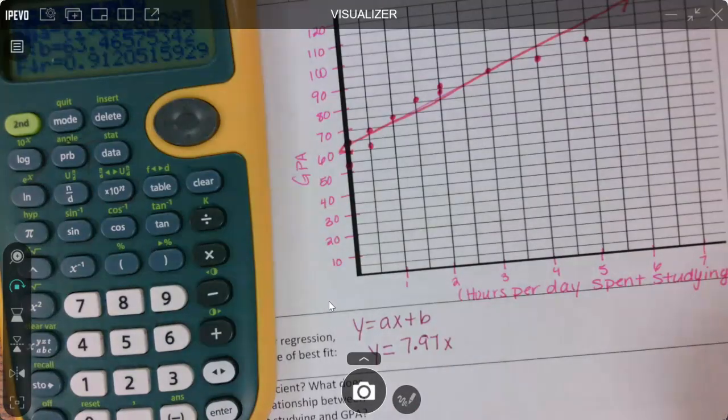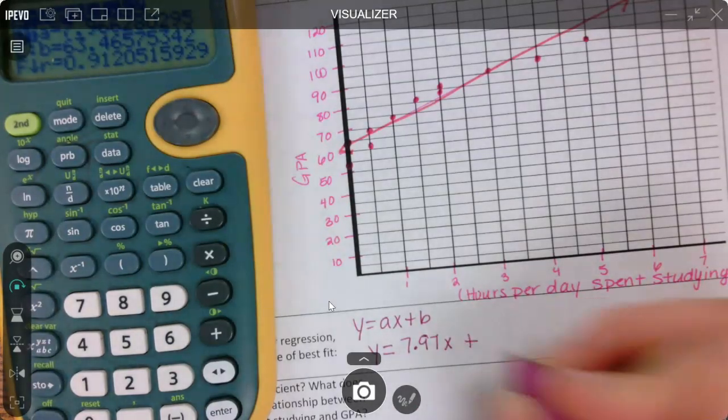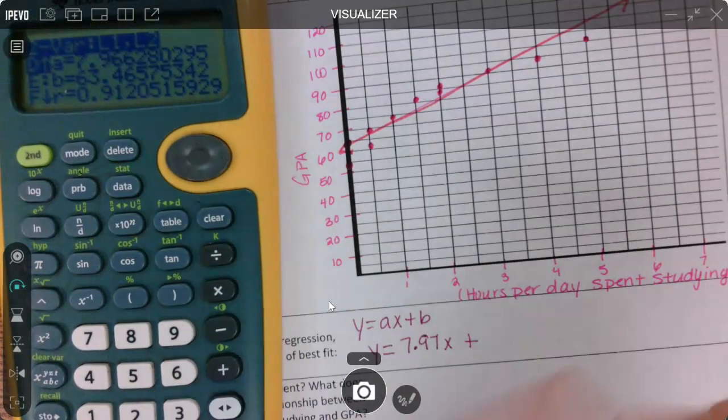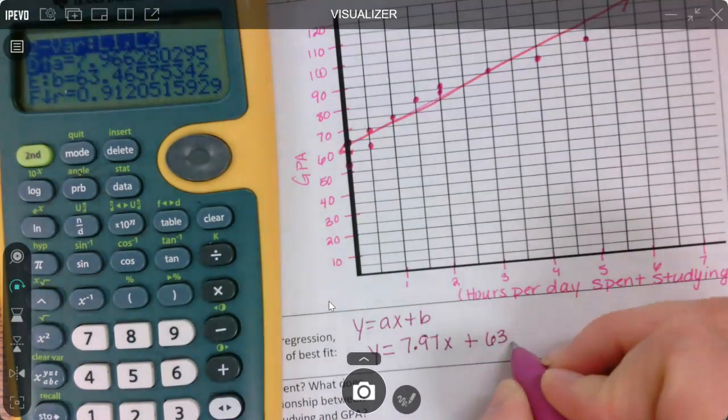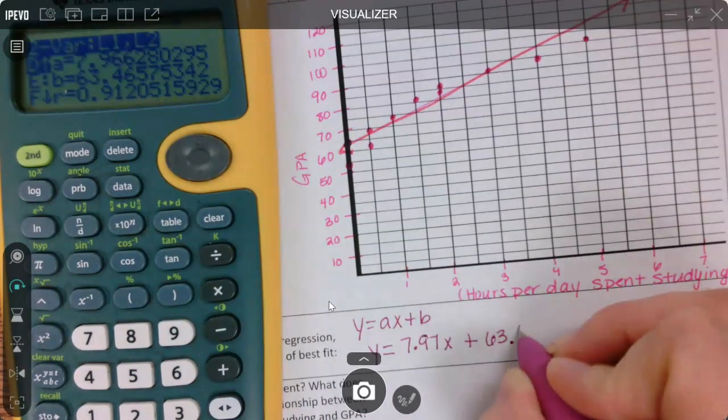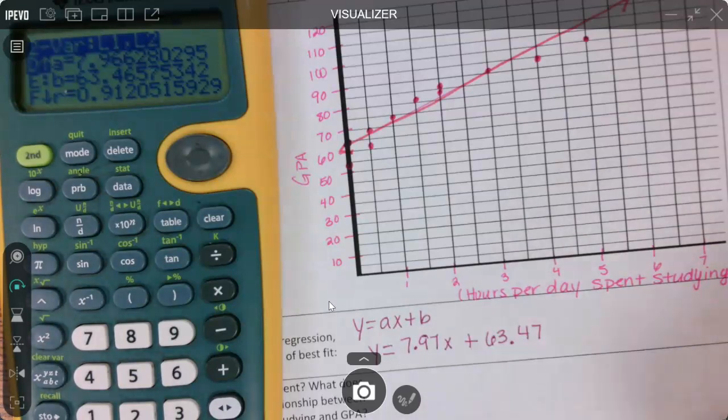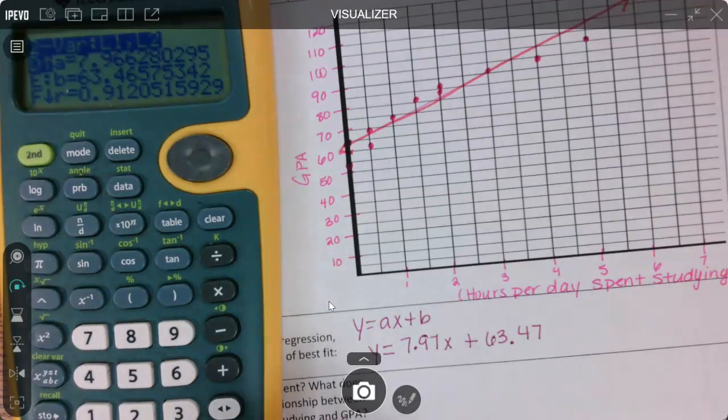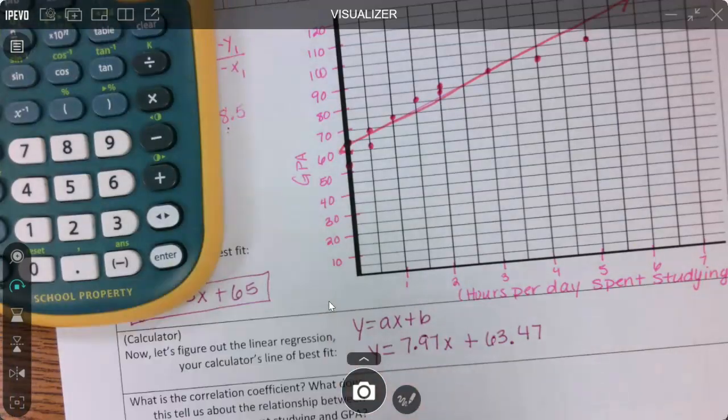Remember, there's an X attached to it, plus your y-intercept, and our y-intercept here is 63.47 if we round. Okay, and that's how to find the line of best fit using the TI-30 calculator.